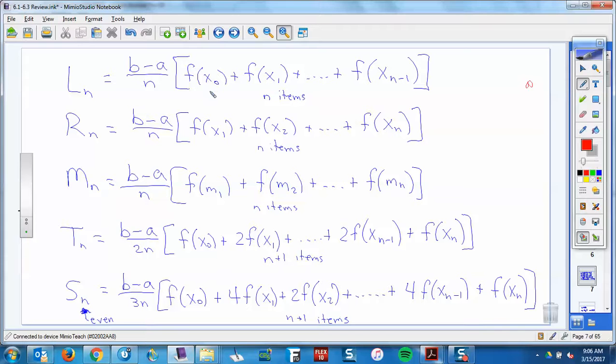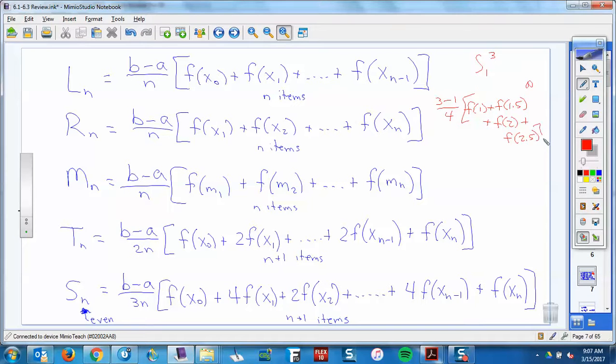So I don't care if I want you to do 4 left rectangles. If you want to write out the 4 left rectangles, height, width, height, width, height, width, that's fine. But if we're going to do an integral from 1 to 3, and you want to do 4 left rectangles, then you can go 3 minus 1 over 4, and then you can go f of 1 and f of 1.5, because, right, the width would be 0.5, and f of 2, and f of 2.5, right?